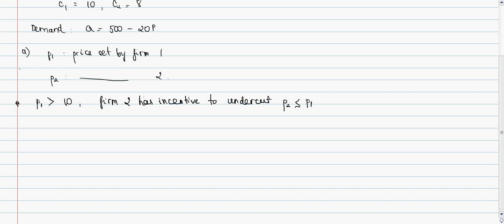Now seeing that, firm 1 knows that if I set the price bigger than 10, firm 2 is going to undercut me and set a slightly lower price. So how about I undercut them and set my price a little bit lower? So the strategy for firm 1 again is to undercut firm 2.